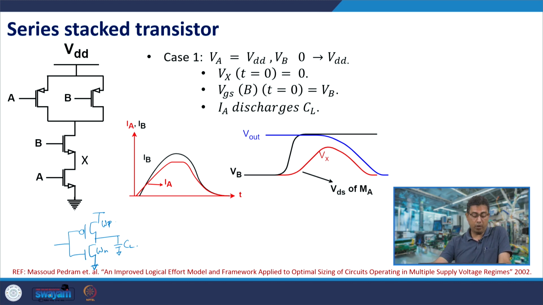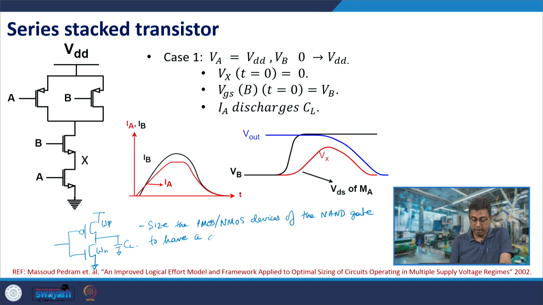then we want to size the PMOS and NMOS FETs of the NAND gate to have a delay equal to that of the reference inverter for output rise and fall cases.